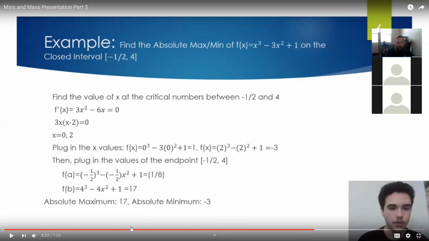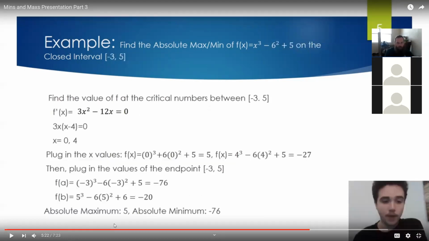If we were sharing this with someone else, we would say the absolute maximum is 5, and it's attained when x is 0. And the absolute minimum is negative 76, and it is attained when x is negative 3. So these are the min and max values, but it's also nice to tell us where they happen.